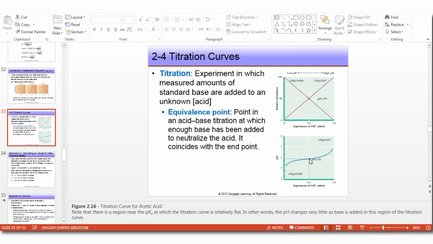So this midway titration is also called the inflection point.